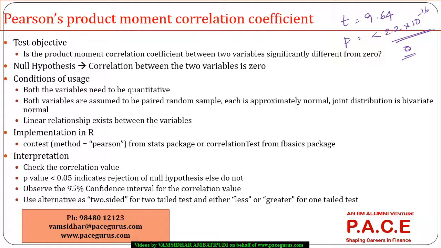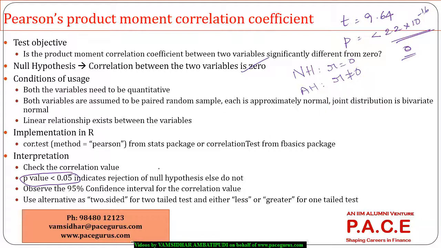The simple way we will make conclusions at any point is p-value less than 0.05. In this case, the null hypothesis for me is correlation is equal to 0, and the alternative hypothesis is correlation not equal to 0.